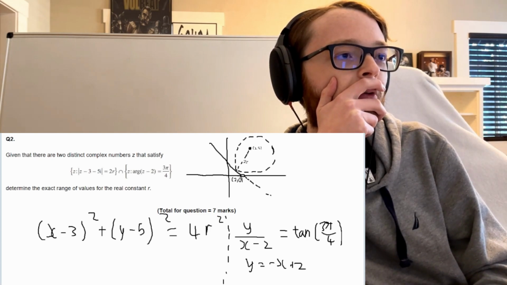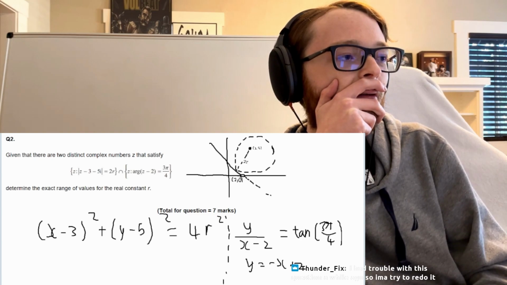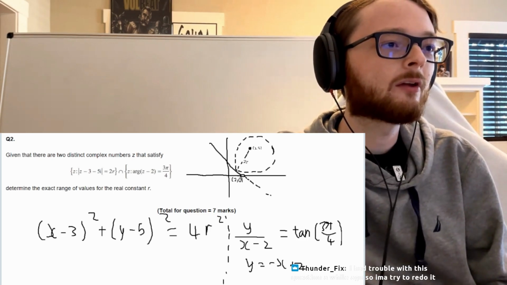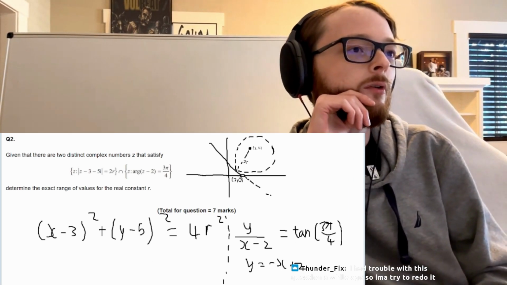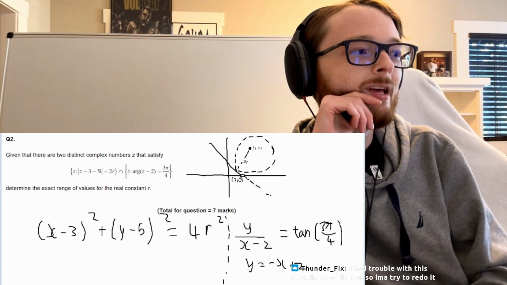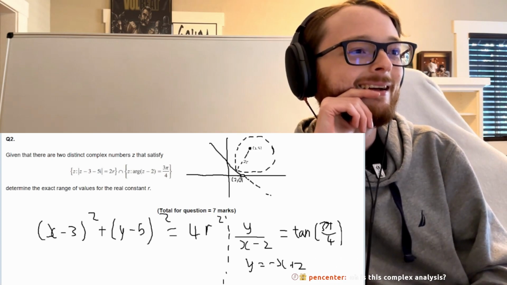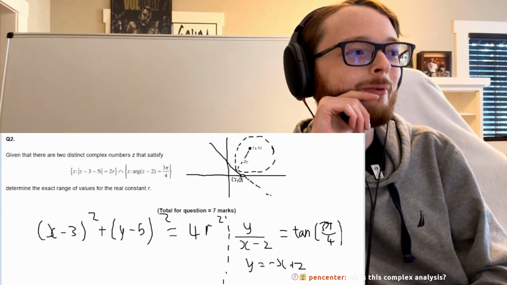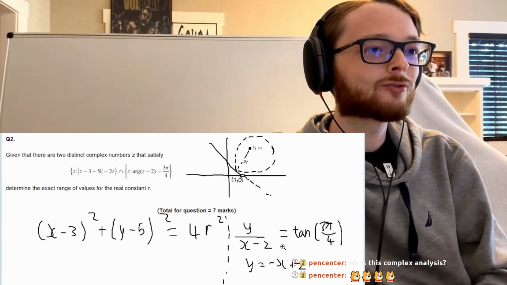This isn't something that I've done a lot of, but I feel like I can understand where your work is coming from here. What you have here both seems like true statements, dealing with the circle. Pen Center, if you want to weigh in on this, please do, because I haven't had to do a problem quite like this before. Would you take this relationship and plug it in over here?